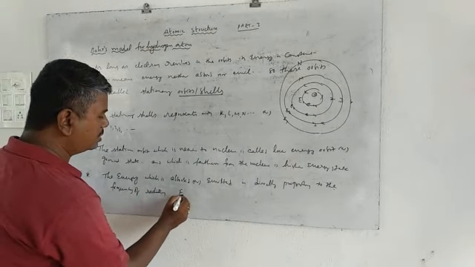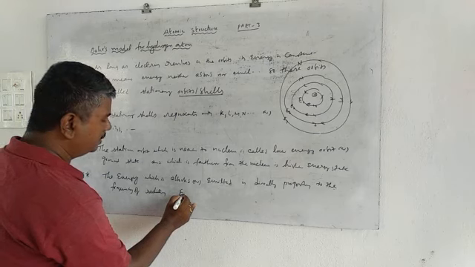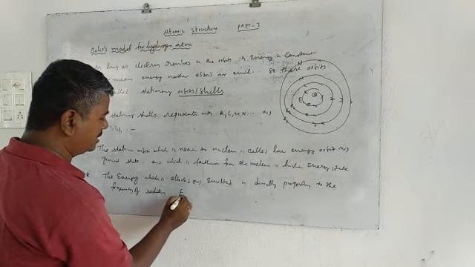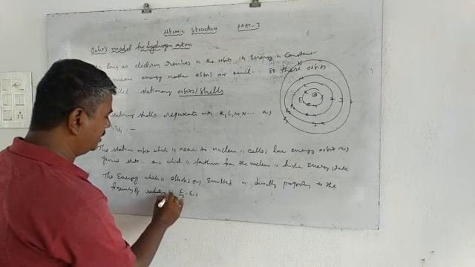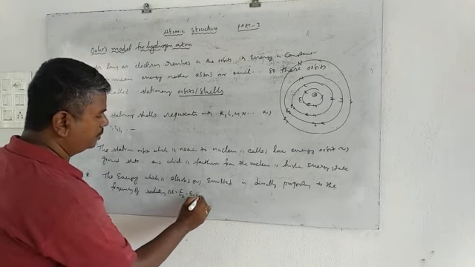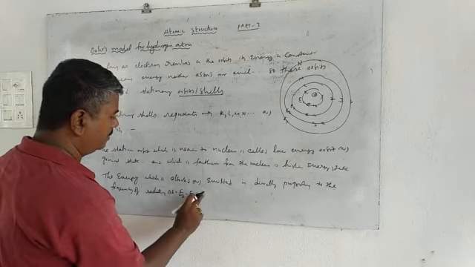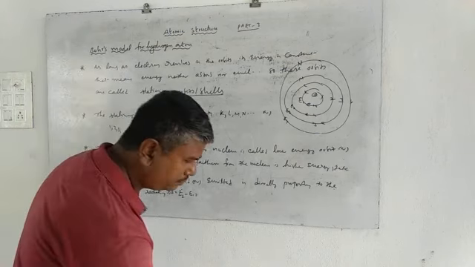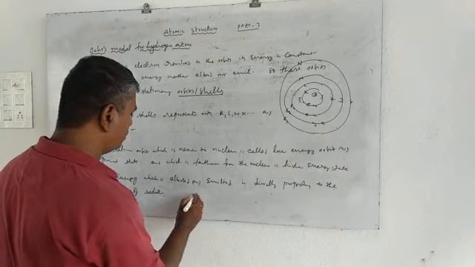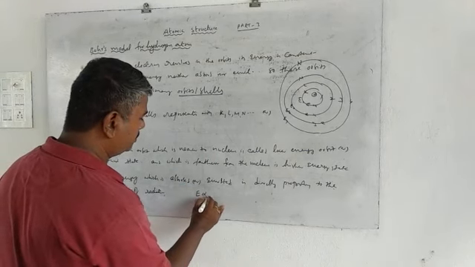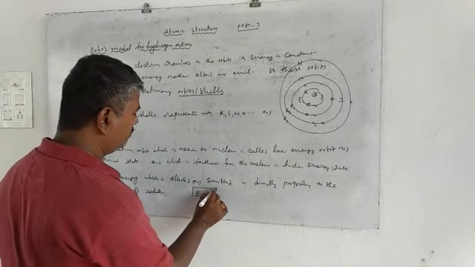That is, E is proportional to ν. That means, for the two different states, E2 minus E1, that is ΔE, is proportional to which one? Frequency.